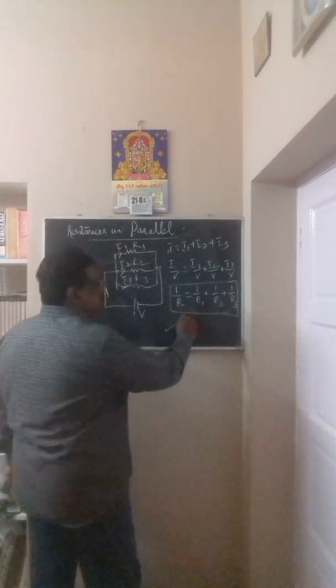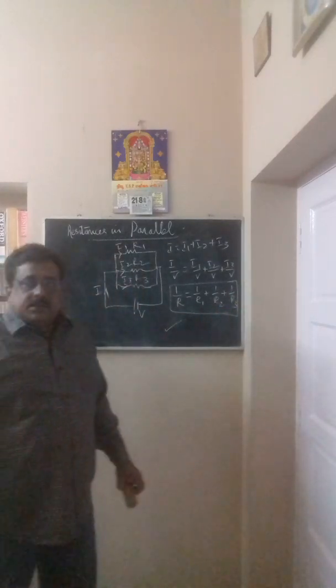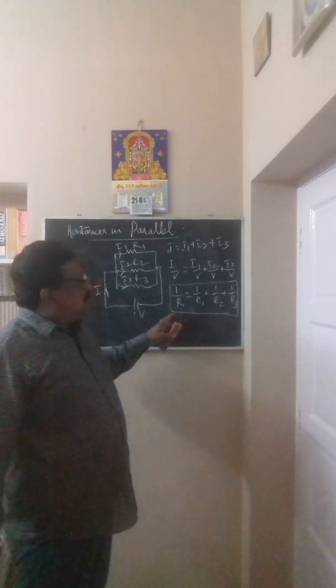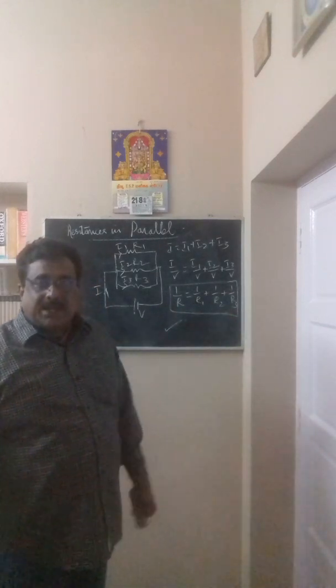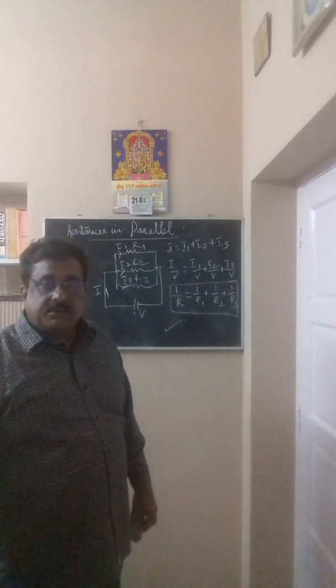So this is the formula: 1 by R is equal to 1 by R1 plus 1 by R2 plus 1 by R3 to calculate the effective resistance in parallel.